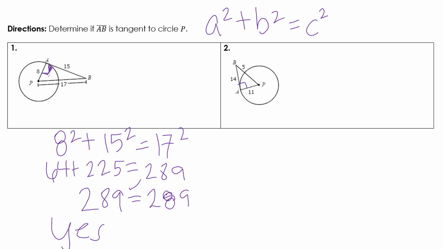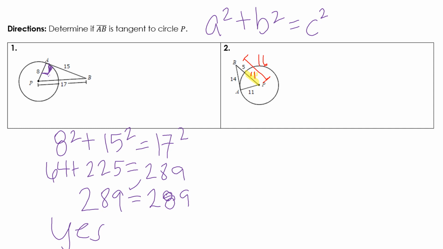So what you have to see is that we're missing this length right here. Okay, but that's a radius, and we know that AP is a radius, so that means that that length right there is also 11, and that would mean that our potential hypotenuse would be 16.